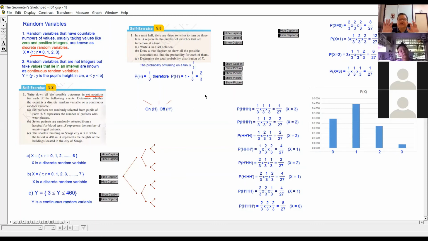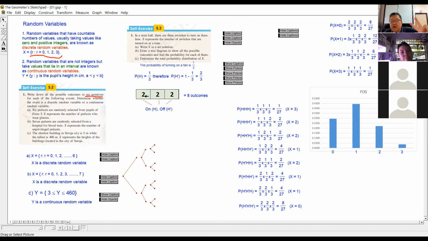Now there are three fans: fan number 1, fan number 2, fan number 3. All three can be on, all three can be off, or one off and two on, two on and one off, and so on. So there are many possibilities, right? The first fan can be on or off, so there are two ways.